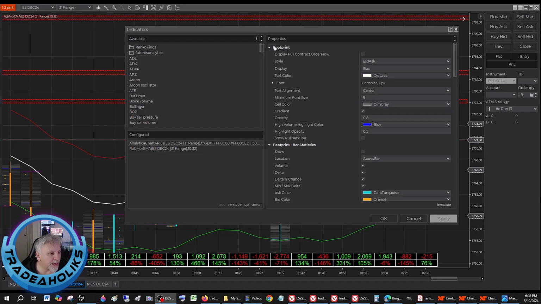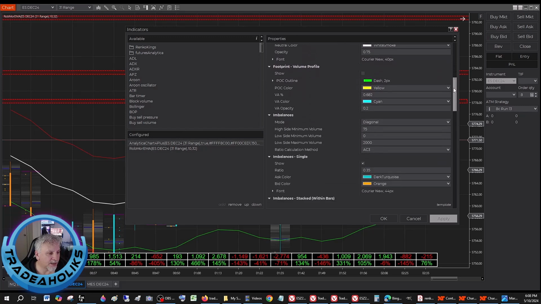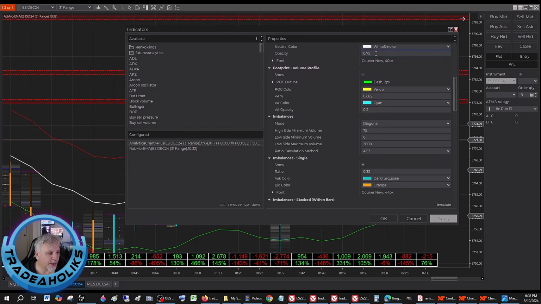Okay, here are the settings for each of those, the EMAs and the Analytica Chart 4 chart that I use. So let's just do the Analytica Chart 4 footprint chart first. So there are the settings that you want to have, so you can see it there. I'll scroll down, so we'll get to the bottom there. Take a screenshot of that. Then you want to go from there, take a screenshot of that.